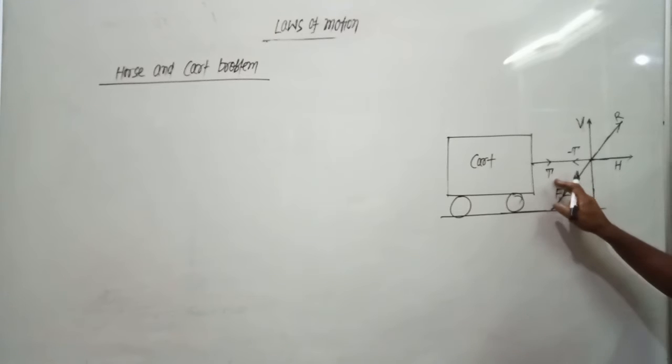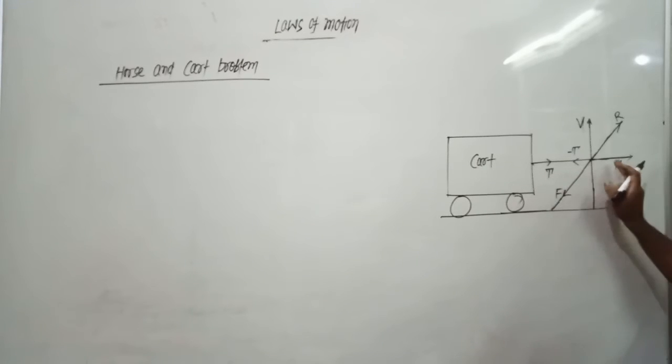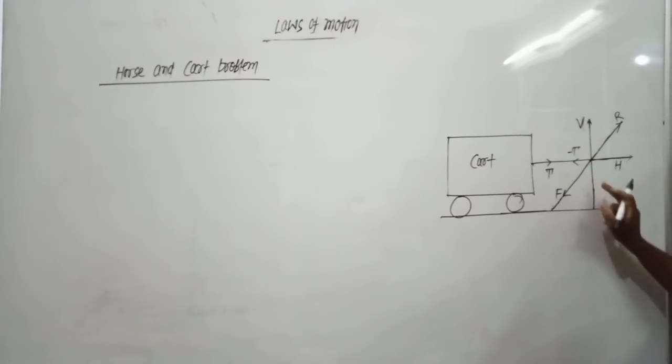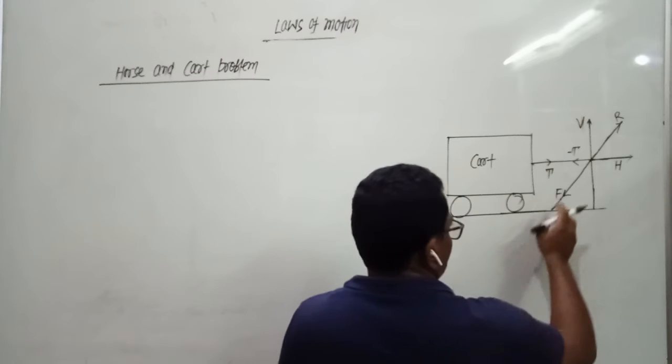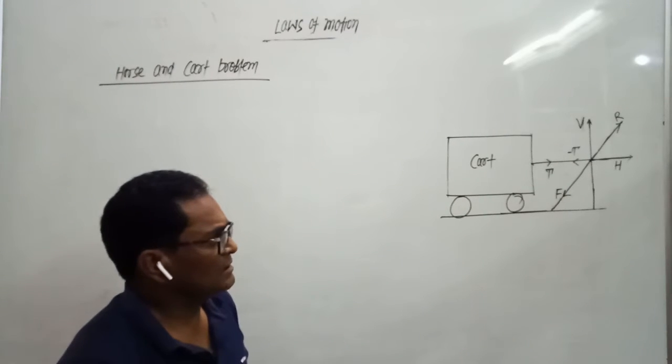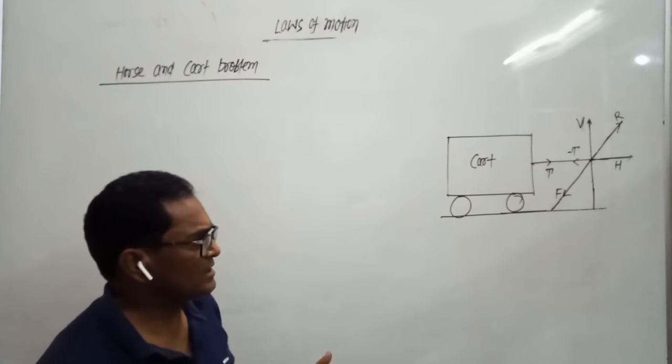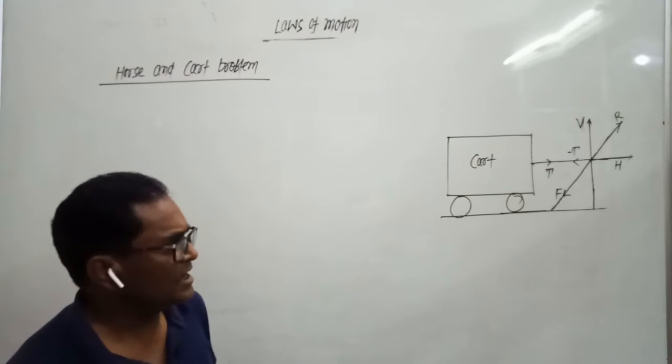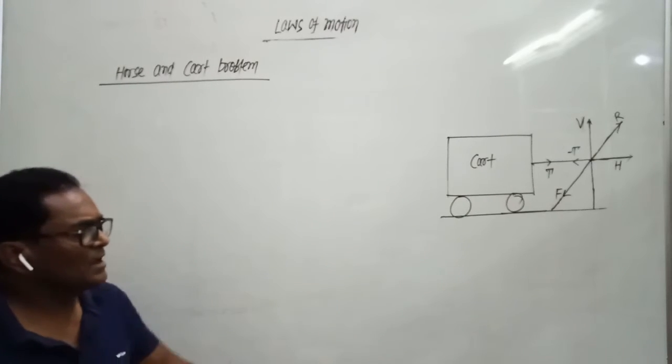So T is the tension force applied by the horse, minus T is the tension force by which the cart pulls the horse, and F is the force by which the horse pushes the earth in the backward direction.